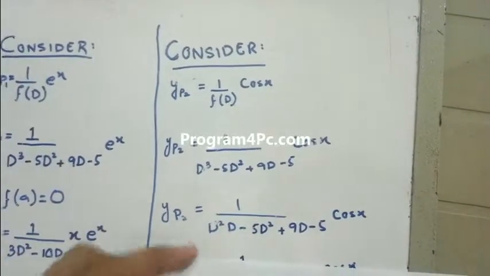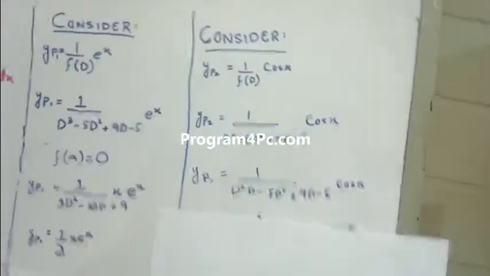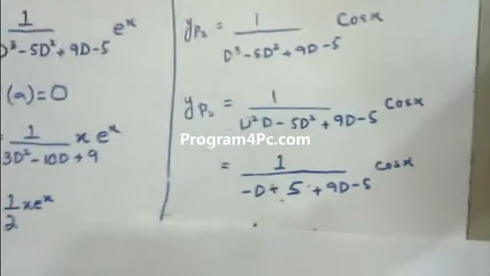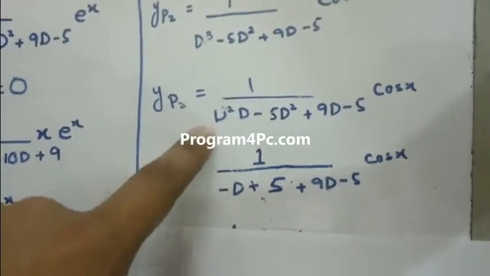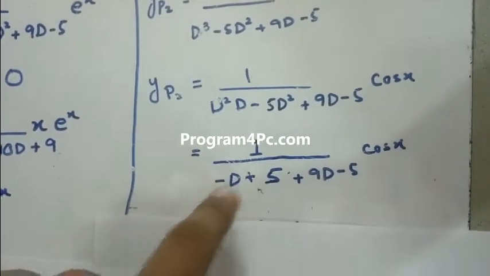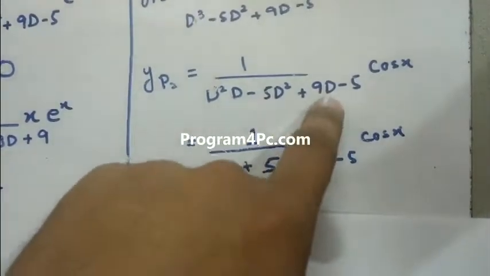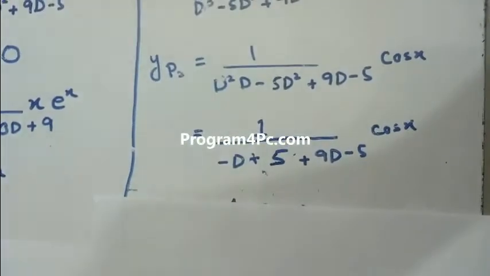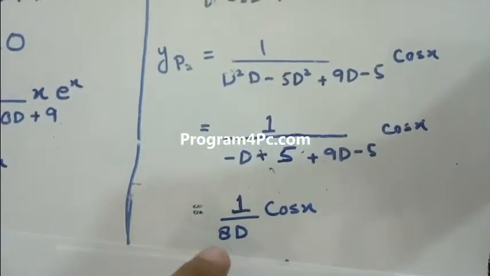We divide D cube into two parts, D square into D. Now D square is replaced by minus 1, so it is minus D, plus 5, since minus 5 times minus 1 equals plus 5, plus 9D, D will not be replaced since we only replace D square, minus 5. Now the equation becomes 1 upon 8D cos x.